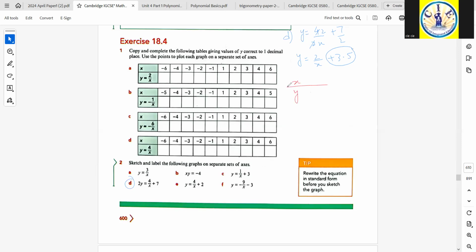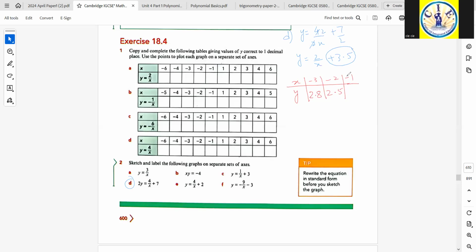For x and y, again, let's have the values starting from, for example, -3. So 2 divided by -3 plus 3.5. The value is 2.83. Then for -2, this is 5 by 2 or 2.5.